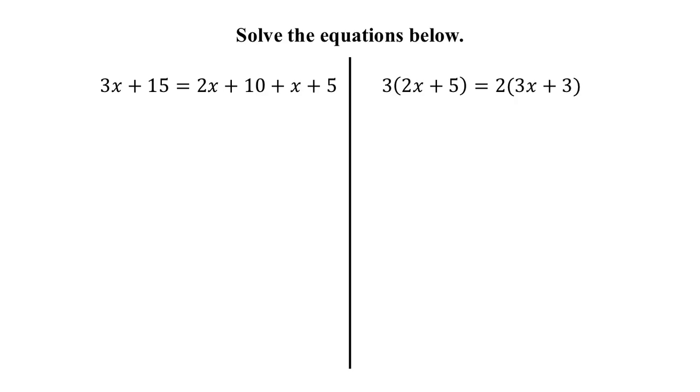I have these two equations, and I want to give you about 90 seconds to 2 minutes, because it's not going to take long, because you guys are getting really good at these. I want you to solve them and be ready to discuss some things that you see about them. And I'm going to pause the video so you guys can have some chat time.